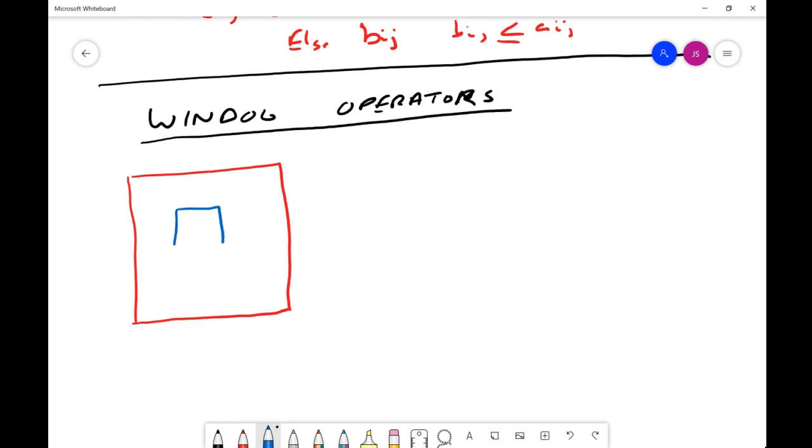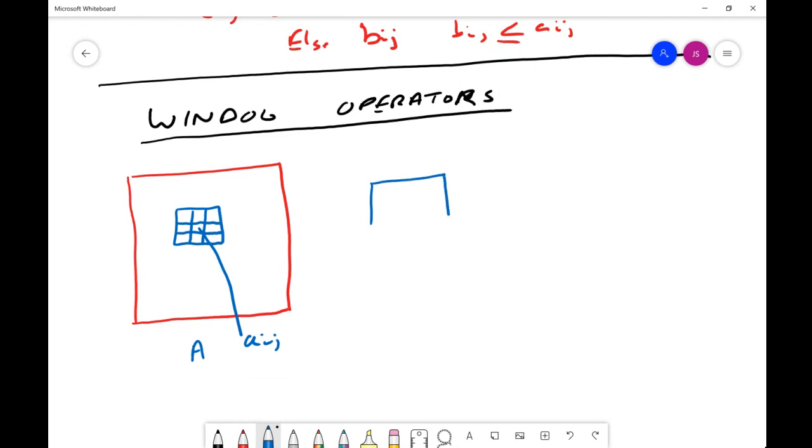I'll draw it rather large. The shape of the window can be any shape. 3 by 3 is quite common, but it could be larger, it could be smaller, it could be a line, it could be vertical, it could be horizontal. And the key thing, this is image A. The central pixel is Aij.